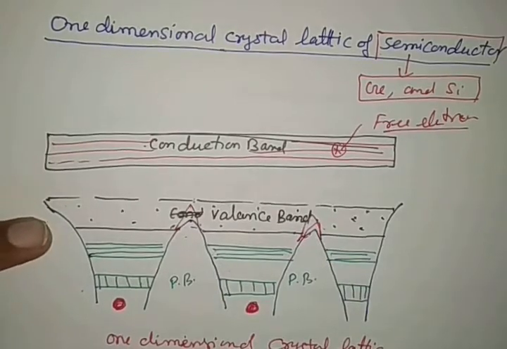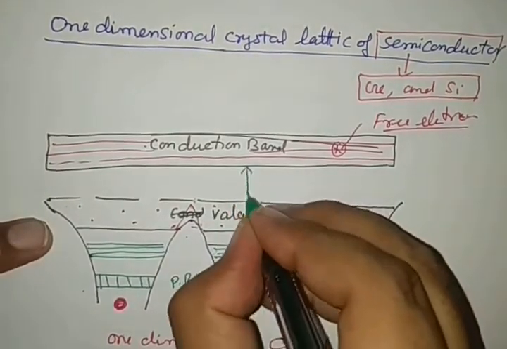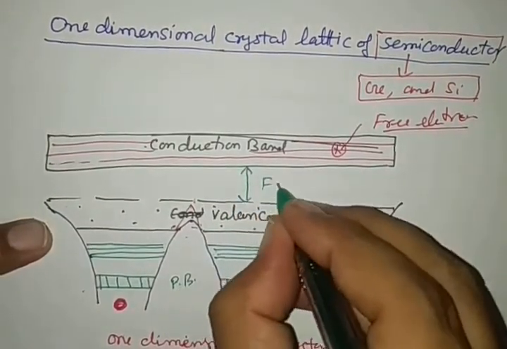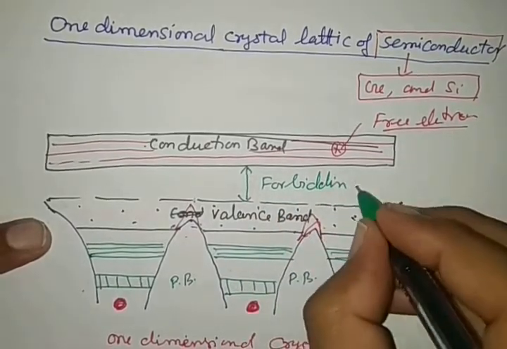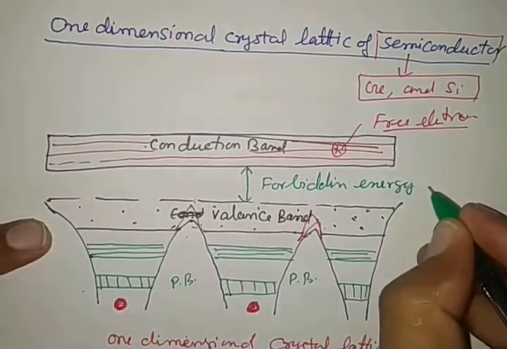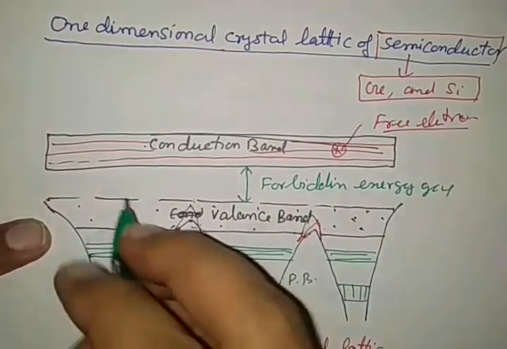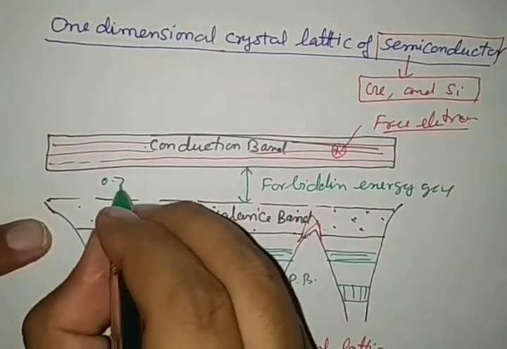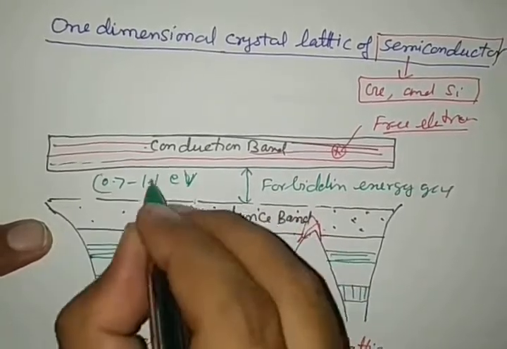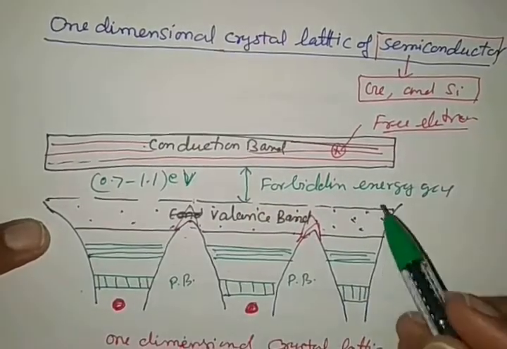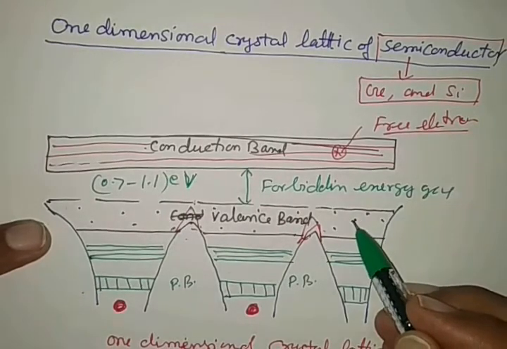The difference between both is called what? Forbidden energy gap. In the case of a semiconductor, it is from 0.7 to 1.1 electron volt. It is very small. Due to thermal agitation, some of the electrons move here.